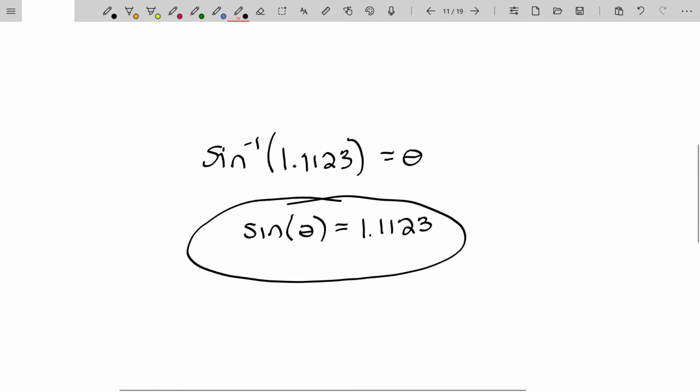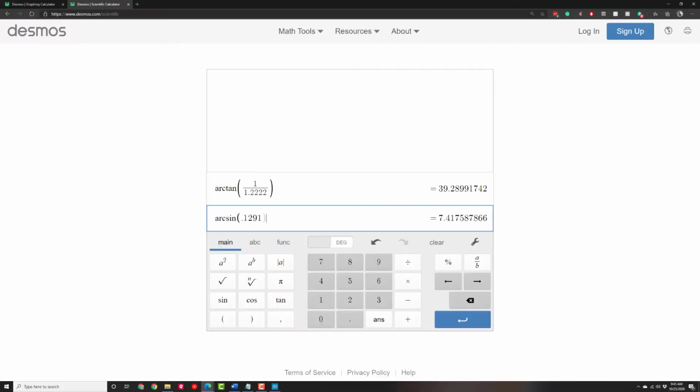If you were to grab a calculator and try to compute the arcsine of 1.1123, you'll see it's undefined, because the sine function will not return a value greater than 1. So that's just a little side note. Your calculator will tell you if the world blows up, so that's good. But just use some logic in there too.